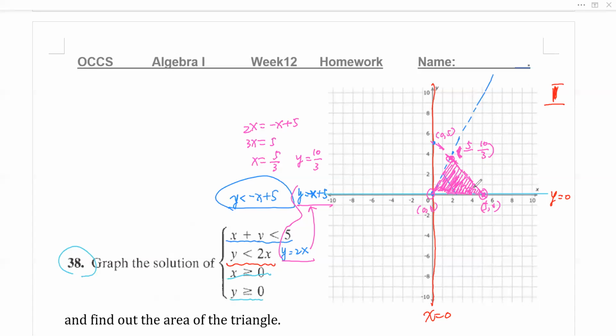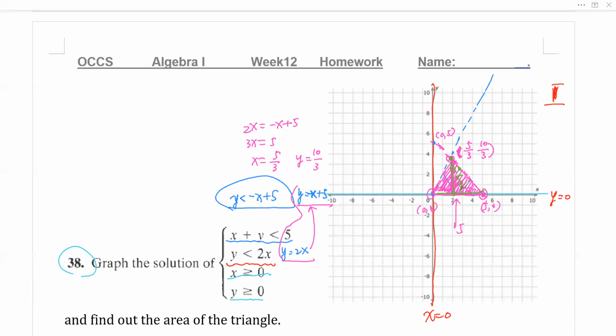Okay, that's next. Find the area of the triangle. That would be much easier, right? Because this part is from 0, 0 to 5, 0, so the base is 5. What's the height? The height is this dot's y, so it would be 10 over 3.